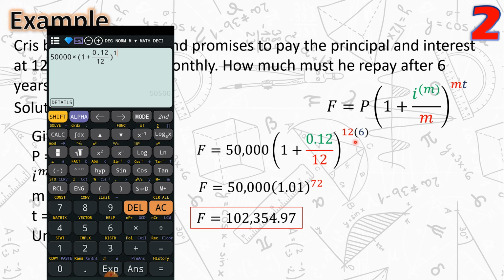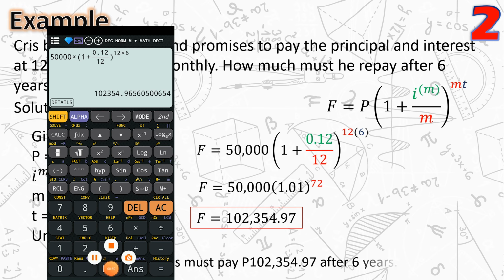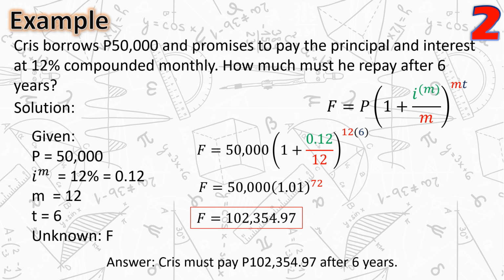Press equal sign and we have the same answer, that is 102,354.97. Hence, Chris must pay 102,354 pesos and 97 centavos after 6 years.